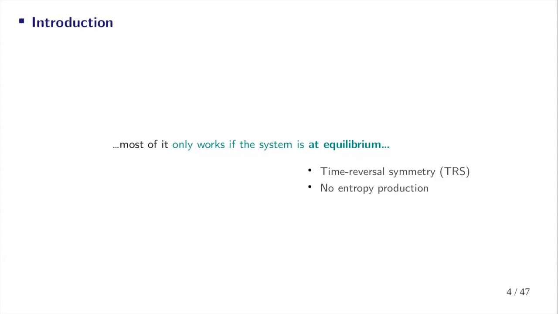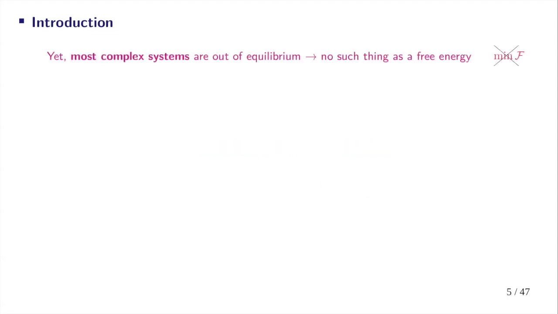It turns out that in the last, I would say, 20, 30 years, we have had an increasing interest in the statistical physics of living systems, and complex systems as well. And these systems, most of the time, are out of equilibrium in the sense that they continuously create entropy. Because of that, there is no such thing as a conserved free energy that you can minimize.